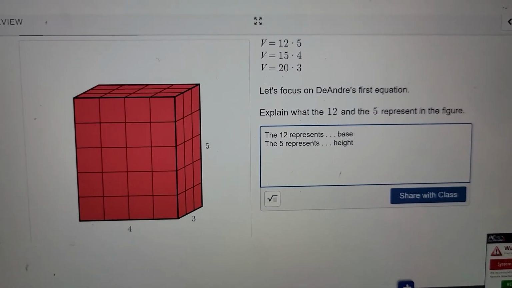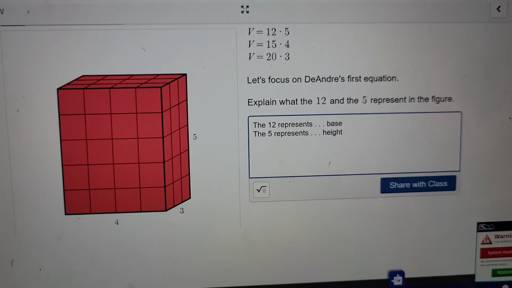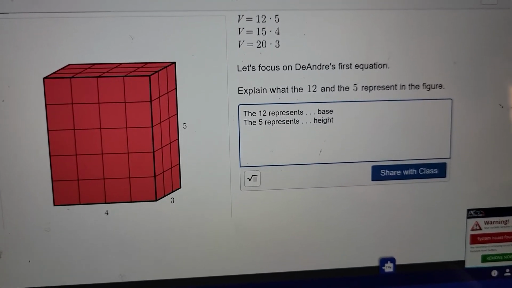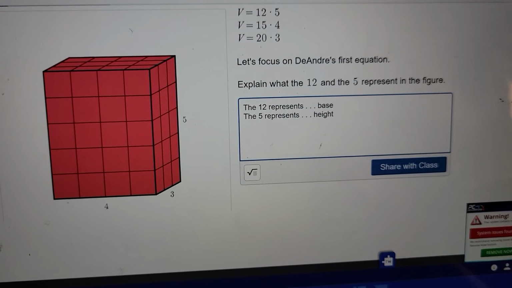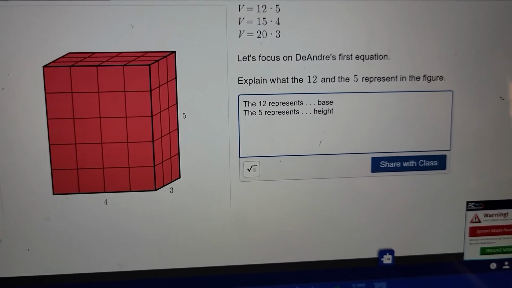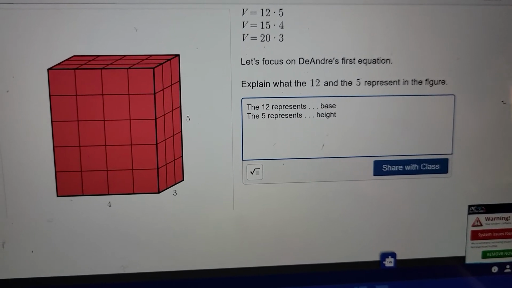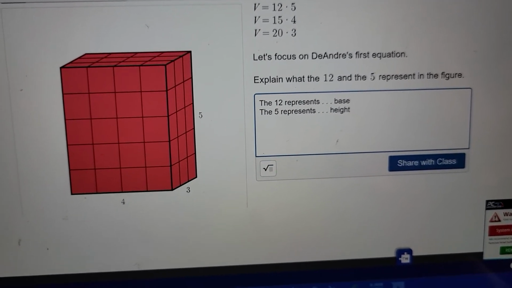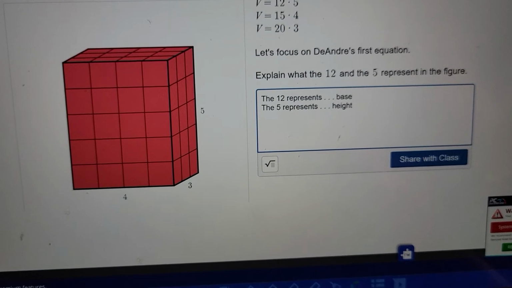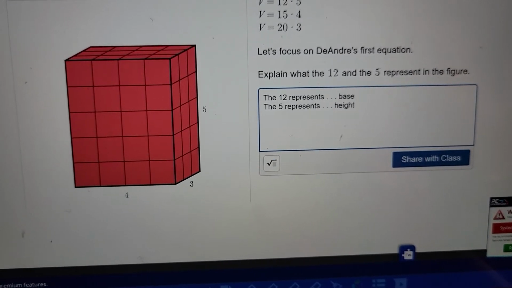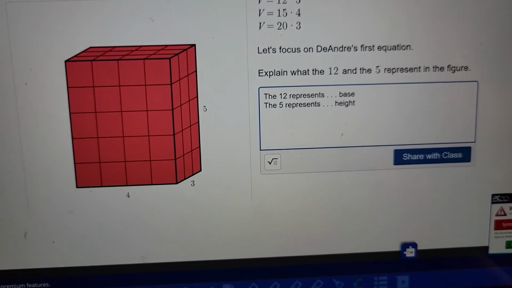So the next one is asking you to look at an equation and explain what the 12 and what the 5 represent for Deandra's first equation. So the 12 over here represents the base, 3 times 4, and then the 5 represents the height.